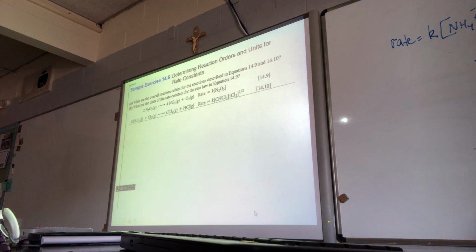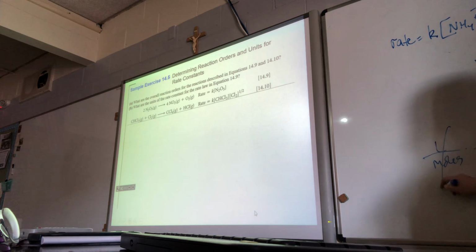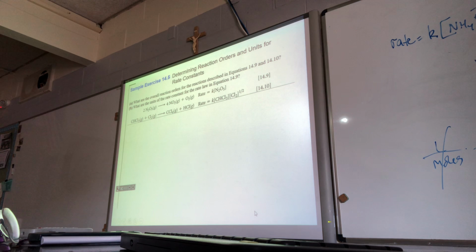If I move this one over, when you divide by a fraction, what happens to the fraction? It flips, right? The unit for K is going to be in seconds in this particular case.